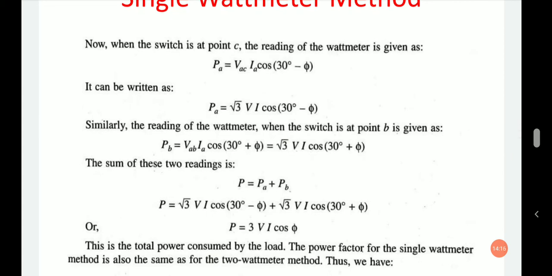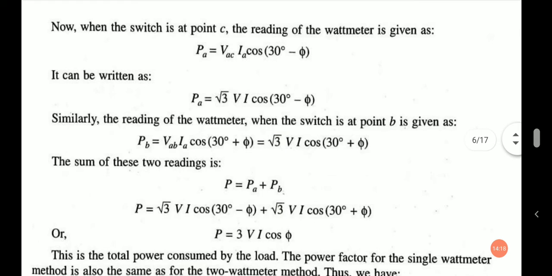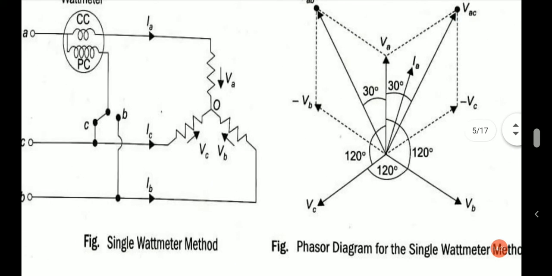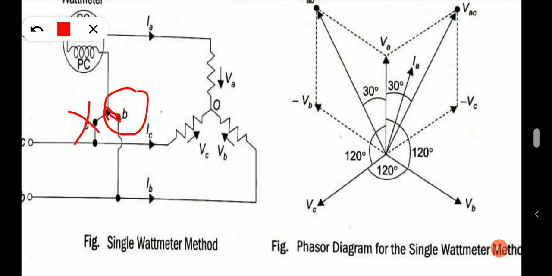Similarly, the reading of the wattmeter when the switch is at point B. Okay, in the second condition, when this switch is connected to point B, then this side will be open.